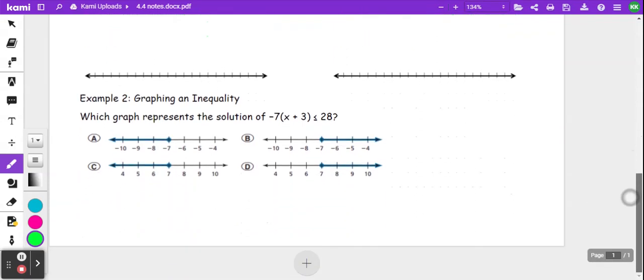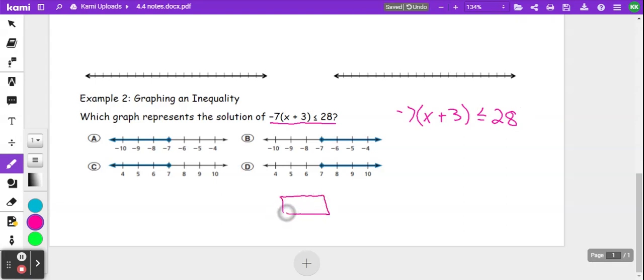And then example 2, we're given some multiple choices, and we have to figure out which of these graphs matches this inequality. Notice it has parentheses, so I know I'm going to have to use the distributive property. So I have negative 7 times the quantity x plus 3 is less than or equal to 28. You could use the cherry bomb method, but I've shown a lot of students the box method, and they really like the box method.